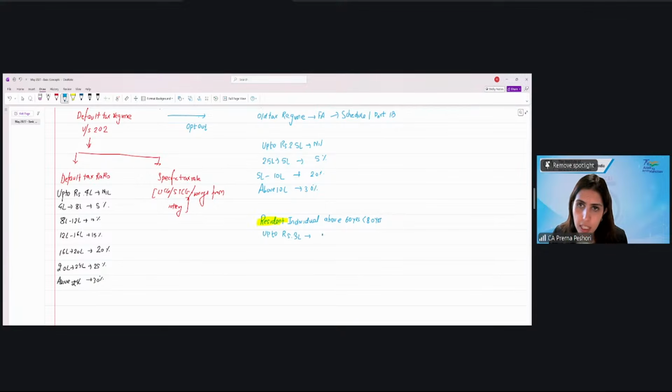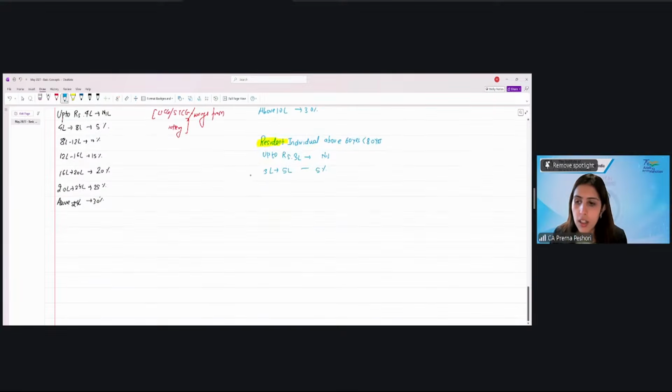Up to rupees 3 lakh, it will be nil. 3 lakh to 5 lakh, it will be 5%. 5 lakh to 10 lakh, it will be 20%. Above 10 lakh, it shall be 30%.